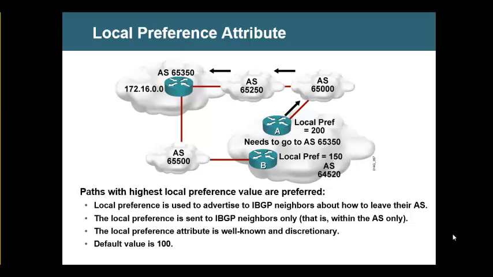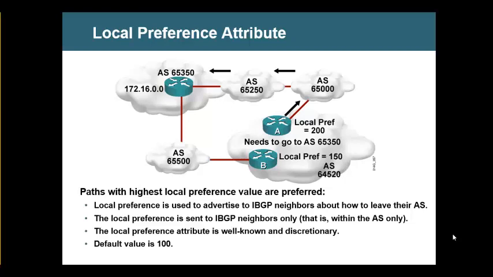So when there is an update between eBGP, you will not find this. Though it is well known, what is well known? Every vendor knows it. Every BGP device knows that there is an attribute called local preference.